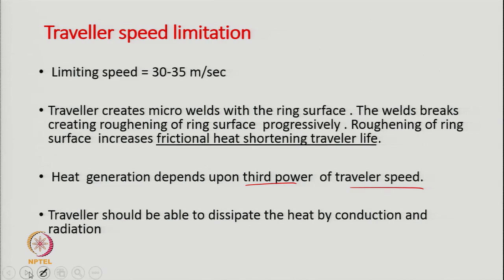That is how the traveler can lose heat, but the point is the frictional heat generation is much more than what it can dissipate, and as a result the traveler temperature keeps on rising.